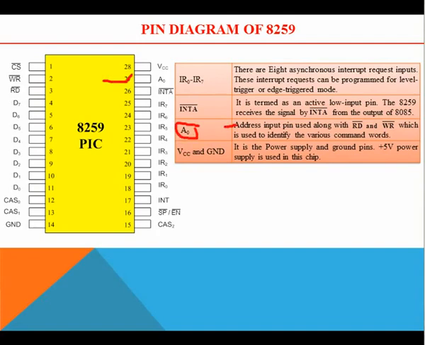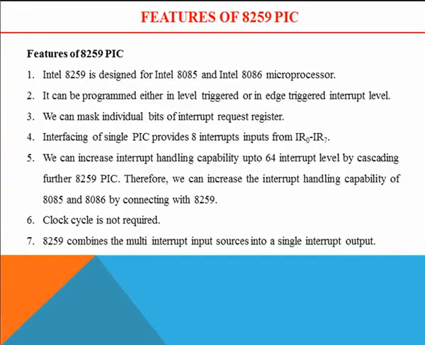It is an address input pin which is used along with read and write, and it is used to identify the various command words. Further, pin 28 and pin 40 are the power supply and ground pins. A plus 5-volt power supply is used.